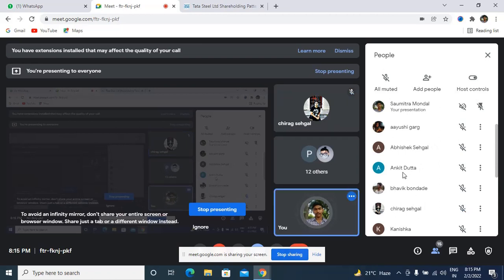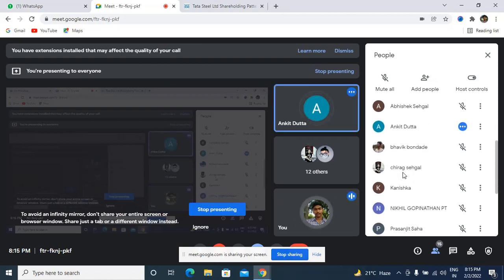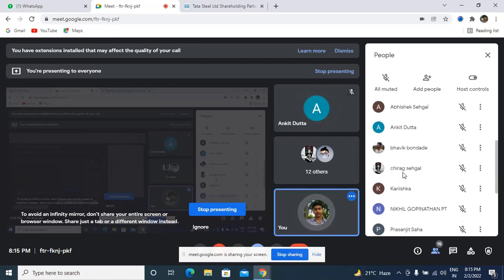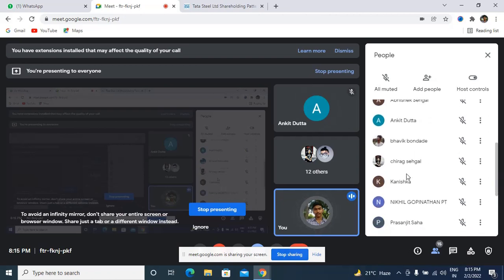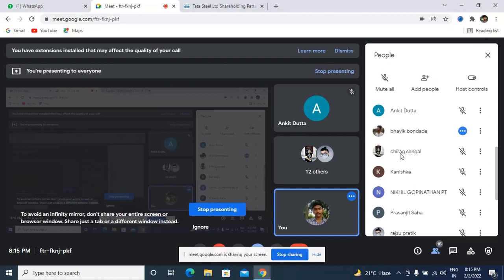Then Ankit Datta, you work on Tata Steel to make this shareholding data. Vivek, you work on Steel Authority of India Limited. Chirag, Jindal Steel and Power.